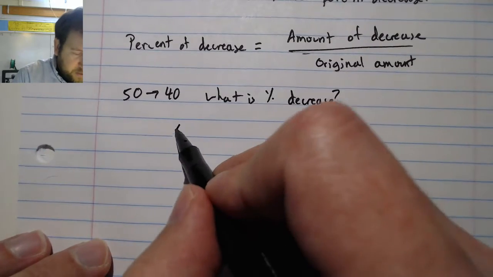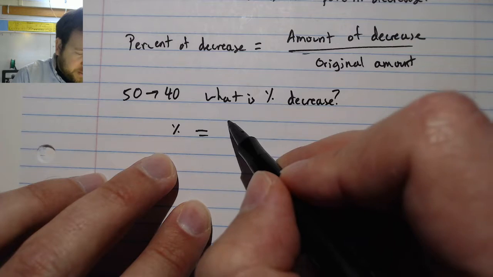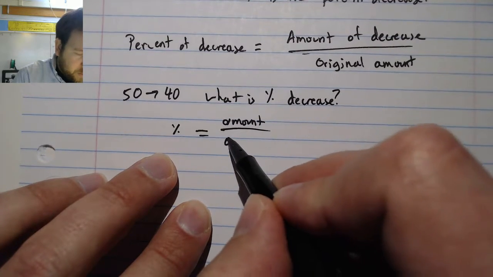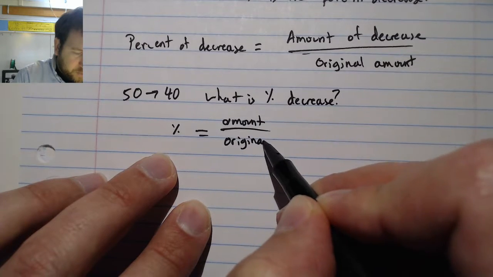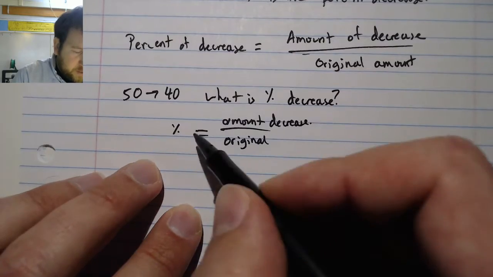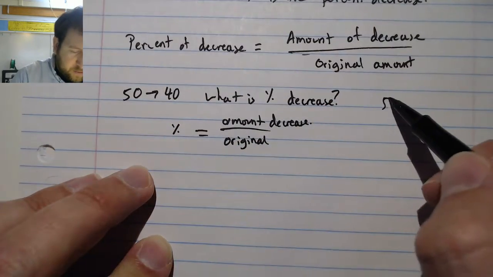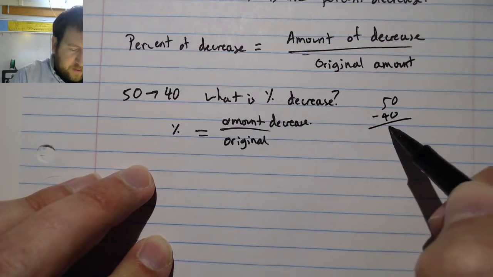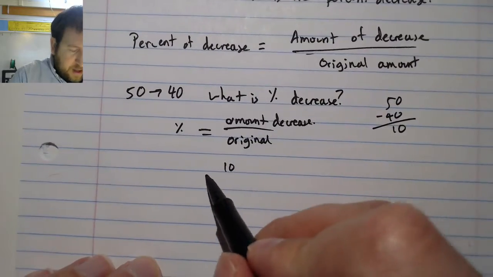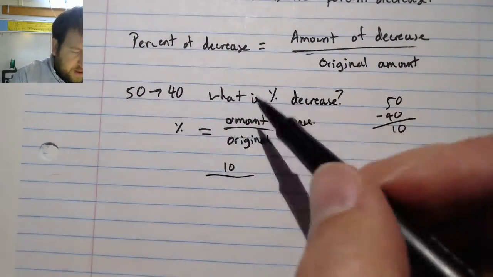I'm trying to find that percent, and it's the amount of decrease over the original amount. So, how much did it decrease? Well, if I started at 50 and I went to 40, it's going to give me 10, right? So I have 10 decrease, and the original that I started at was 50.